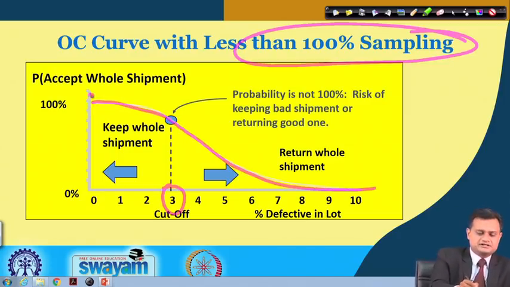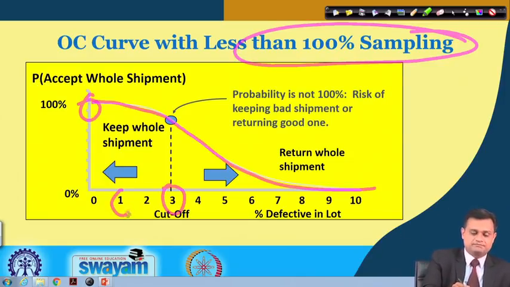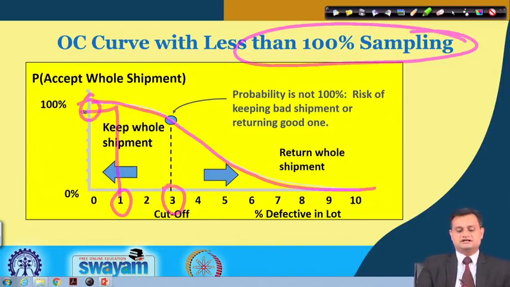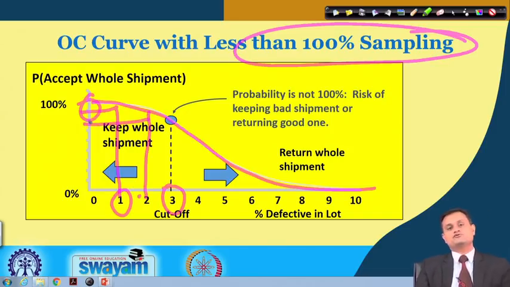and 100% means when there is 0 defective in my lot, when I am doing it based on sampling, I will have 100% acceptance. When there is 1%, the probability changes and I will be maybe close to 95%. When it is 2, my probability will further reduce, maybe 93% or 90%.